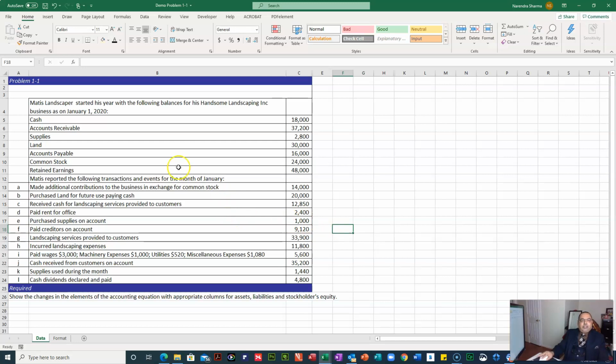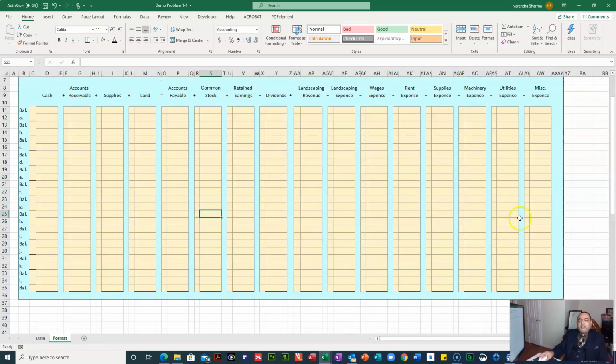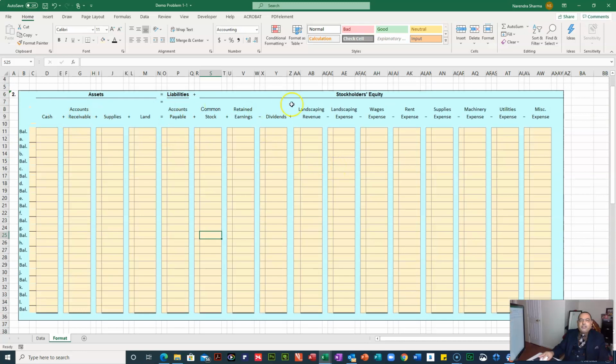So this is the demonstration problem, and I'm going to complete it using a format that I have with me here. As you can see, this is the format, and I have all the accounts lined up. You can see assets: cash, accounts receivable, supplies, land, and liabilities: accounts payable.